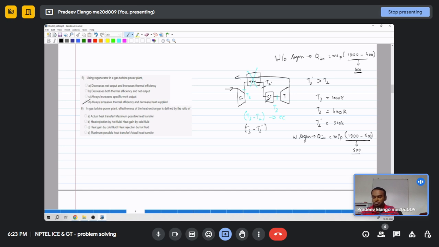In a gas turbine power plant, the effectiveness of a heat exchanger is defined as the ratio of actual heat transfer to maximum possible heat transfer, that is, the heat rejection by the hot fluid or heat gain by the cold fluid, divided by the maximum possible heat transfer.